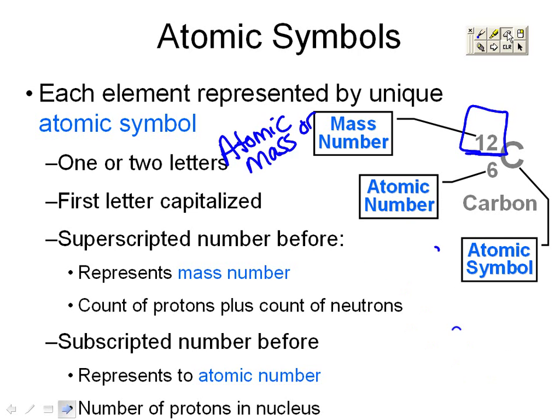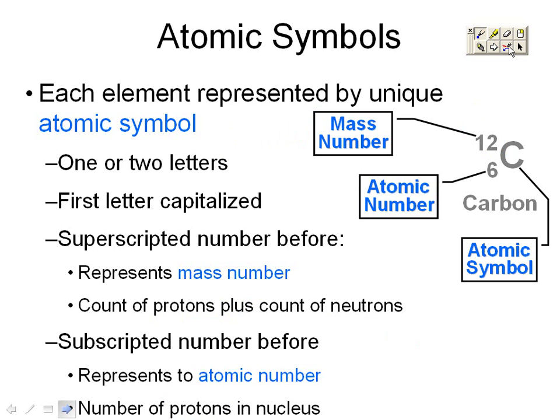Let's talk about what the numbers mean then. We'll start with the atomic mass or the mass number. That is the count of how many protons plus neutrons are contained in this atom. For carbon, there are a total of 12 protons plus neutrons in the nucleus. The atomic number refers to the number of protons only in the nucleus.